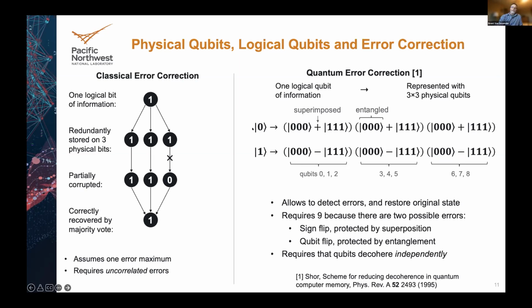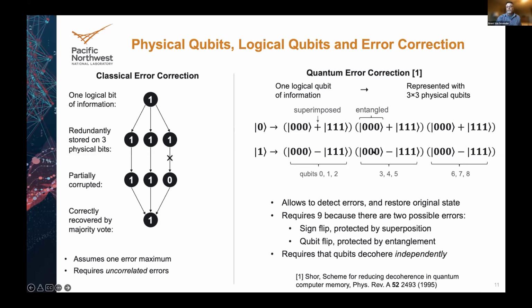And so you can, for instance, encode a 0 or a 1 state in these states that I've written out. You notice that they're in groups of 3. So qubits 0, 1, and 2 are in, first, they're in a superposition state. So they're in this mixed state of 0s and 1s. And I've added a new feature of quantum computers here. They're also entangled now.